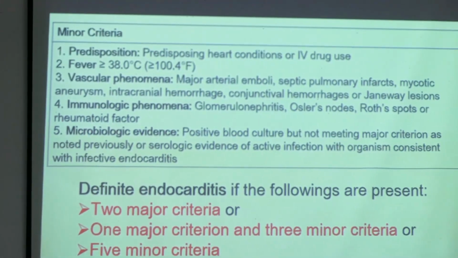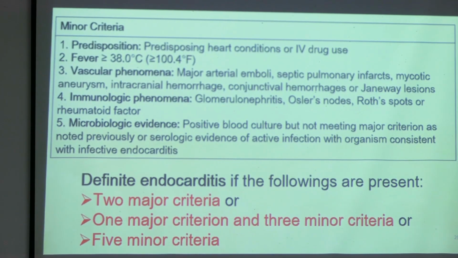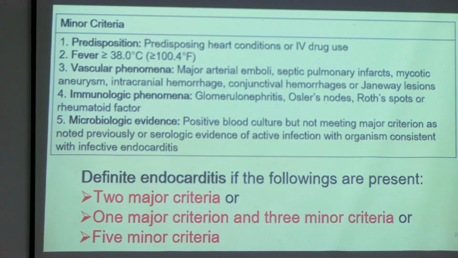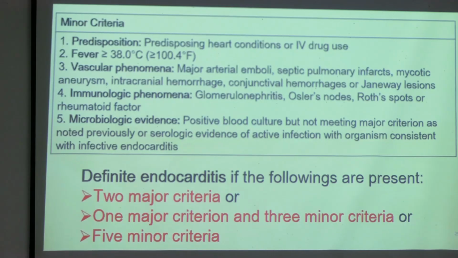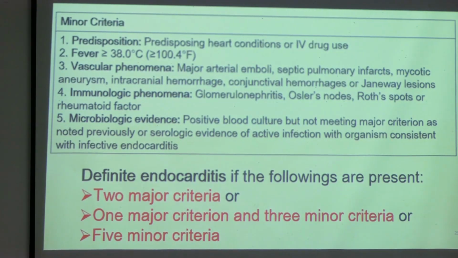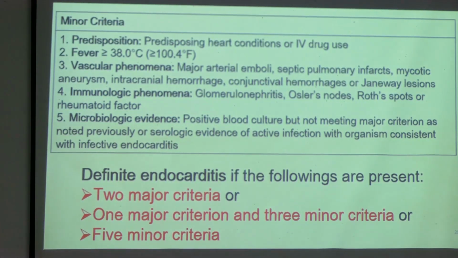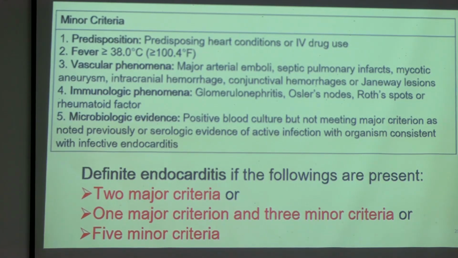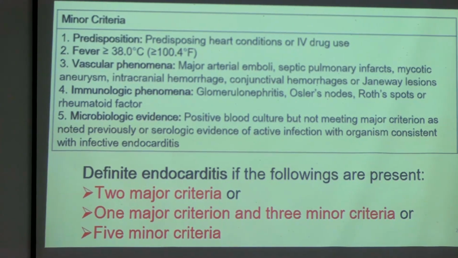Now you have the minor criteria. Minor criteria are your risk factors like IV drug users. You will assess the patient: if the patient is an IV drug user or is having any previous heart condition, already damaged valves. Then you are having fever. Then vascular phenomena. What are the vascular phenomena I told you already?